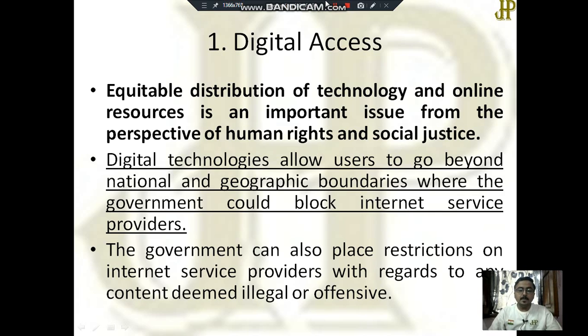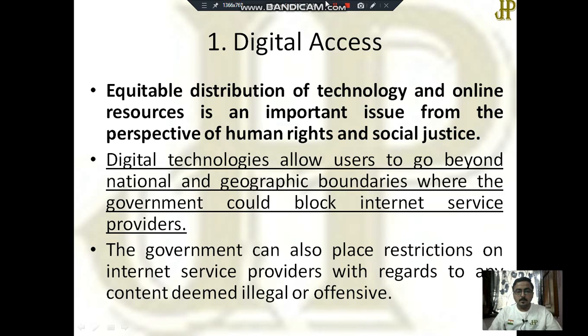That's why digital technologies allow users to go beyond national and geographic boundaries, where the government could block internet service providers based on some circumstances. For example, in Jammu and Kashmir, when Article 370 was waived off, for around 6 months there was no 4G internet available.